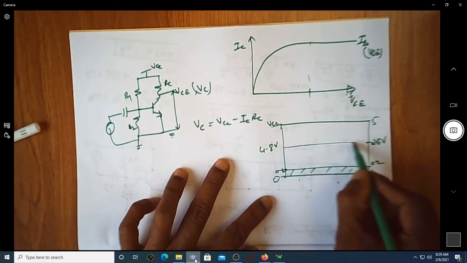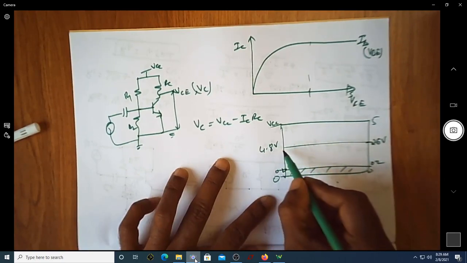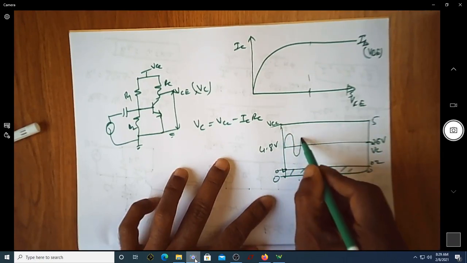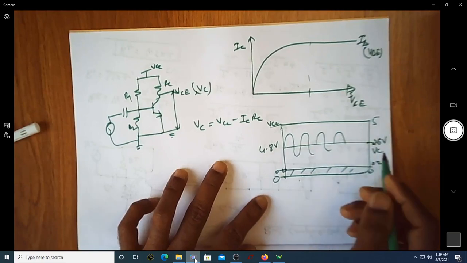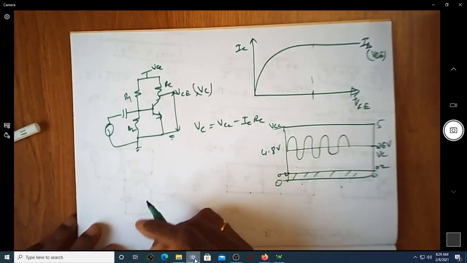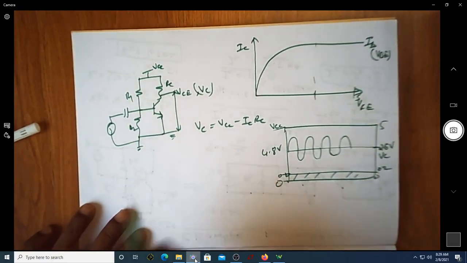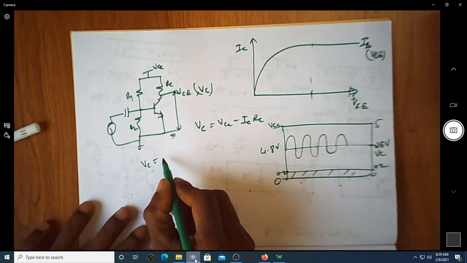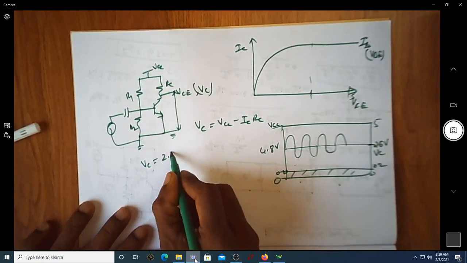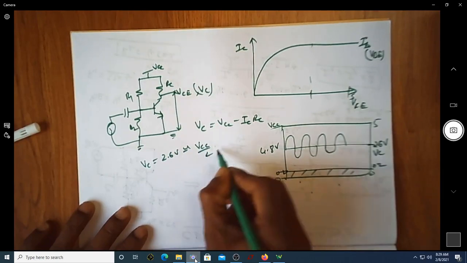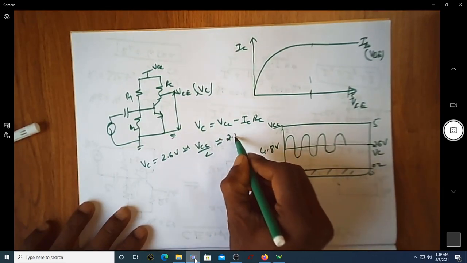If you adjust the value of VC such that it is 2.6 volt, you can effectively utilize the swing of the available voltage. So it's now necessary to have VC equal to 2.6 volt, or approximately half of VCC, which is 2.5 volt.